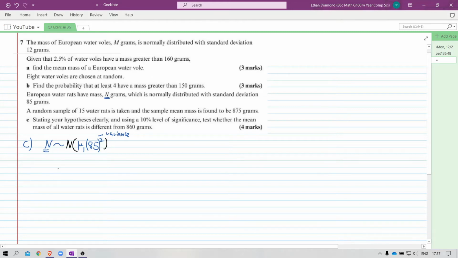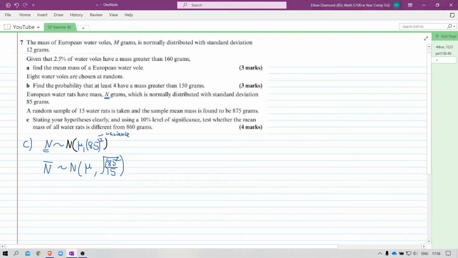So what I'm going to do is have my sample, which is going to be represented as N bar, and that's going to be the same mean, but the standard deviation is going to be divided by 15, because this isn't the whole population, this is a subset of the population. This is the variance, that's the standard deviation. You have to square root it.